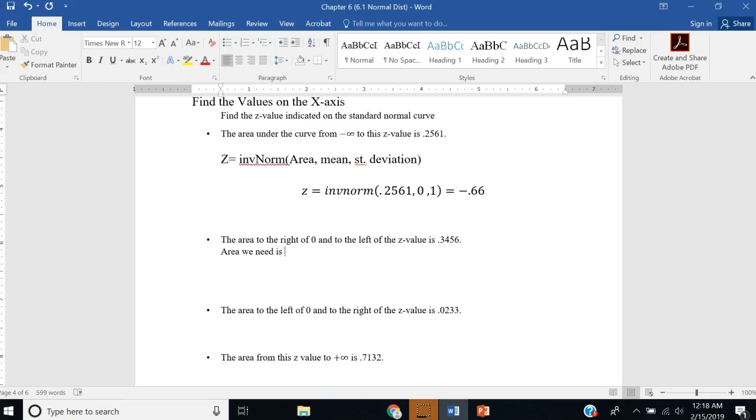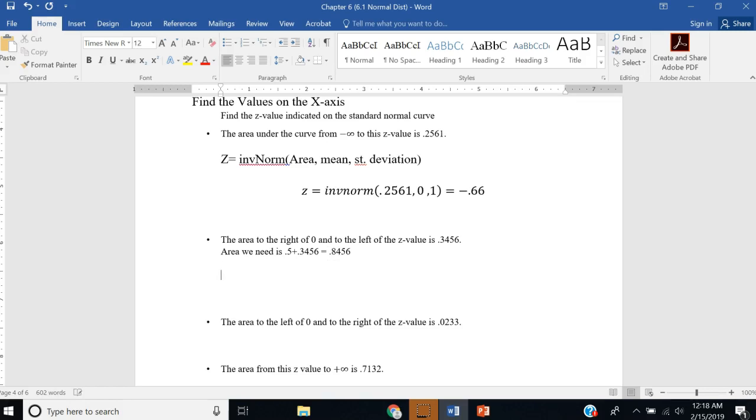So the area we need is 0.5 plus 0.3456, which is 0.8456. Now, what I would suggest is that you try not to memorize a bunch of weird steps of when we add 0.5 and when we don't.